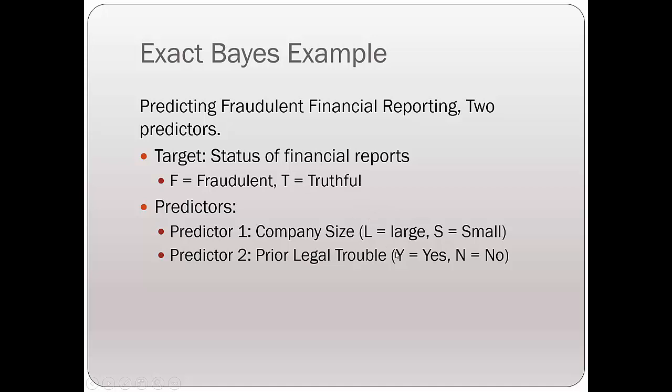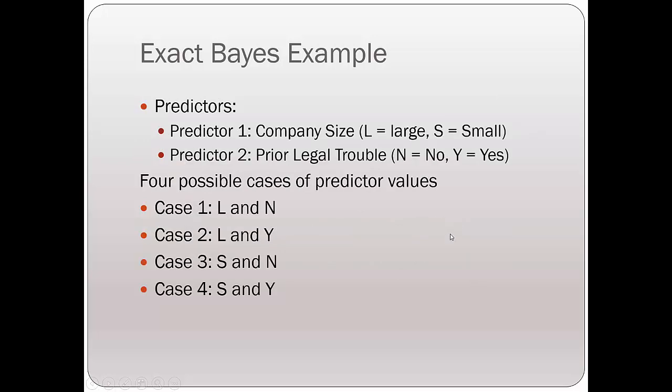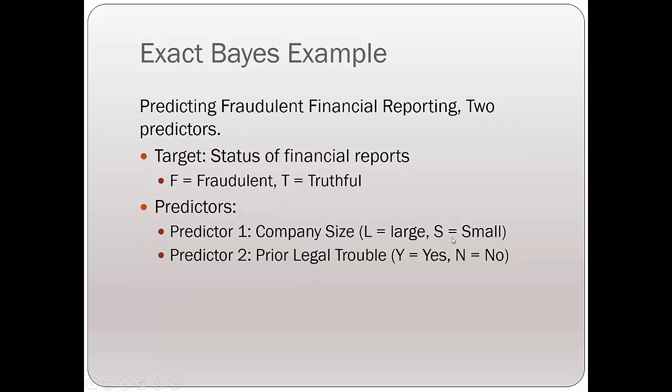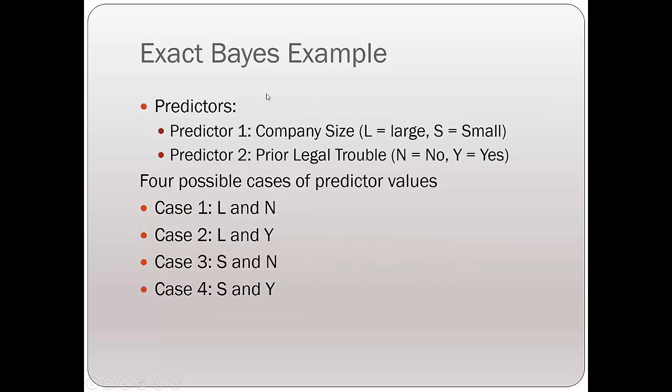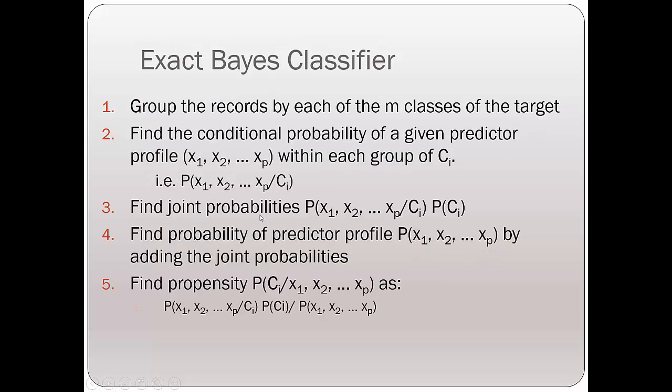Company size L and prior legal trouble yes, then L and no, and then S and yes, and S and no. So there are 4 possible cases, and then for each of these cases, we take case 1 and apply this procedure. Okay, so we'll look at this example in Excel.